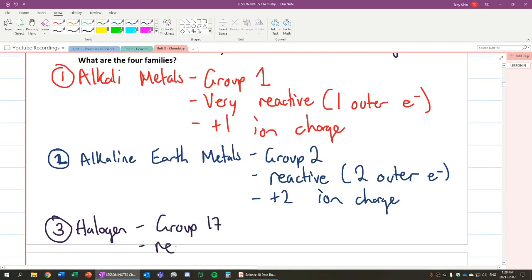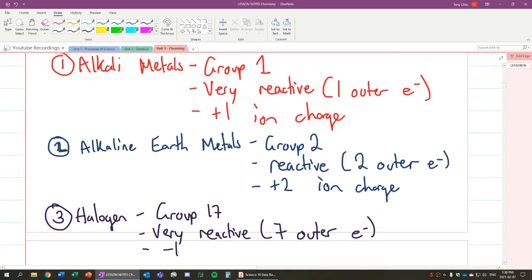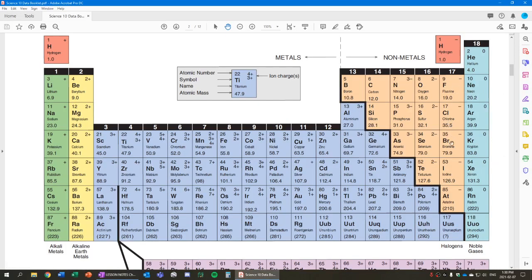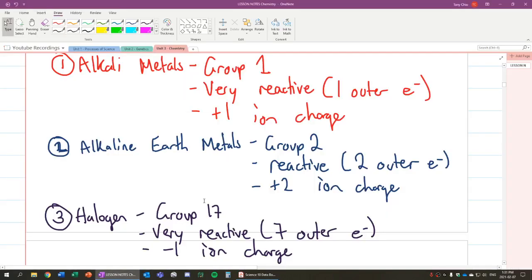They are not just reactive, they're very reactive, because they have 7 outer electrons, which gives them a -1 ion charge. So these are, for example, fluorine, chlorine, bromine, iodine. These are our halogens. Hydrogen can act like a halogen as well because it also has a -1 charge.